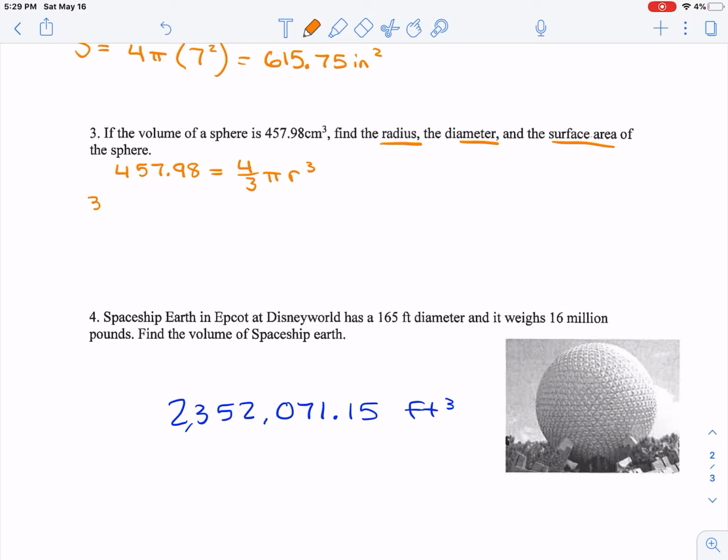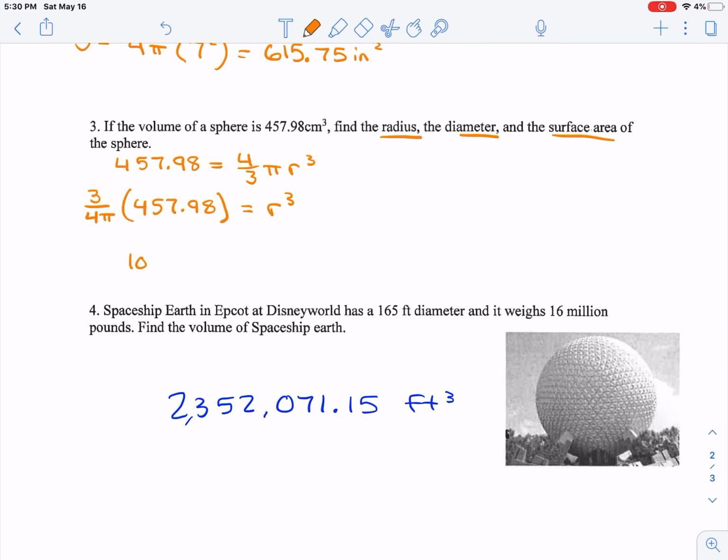So technically that would be 3/4 pi multiplied by that 457.98, and that's going to equal our r cubed. So if we simplify that, we'll get 109.3347. The reason I'm carrying that out just a little bit more than normal is because we're taking a cube root, so I want it to be a little bit more accurate. Or you could have technically taken the cube root right here, but that's a lot to type in your calculator.